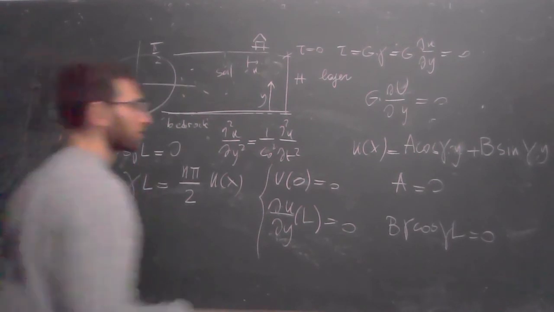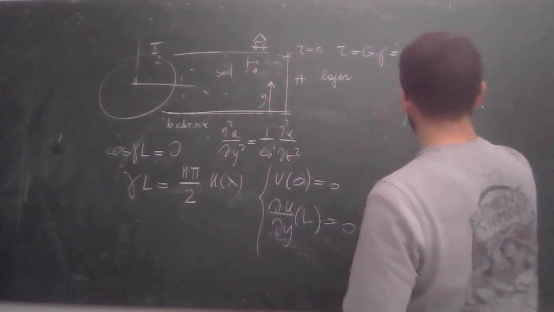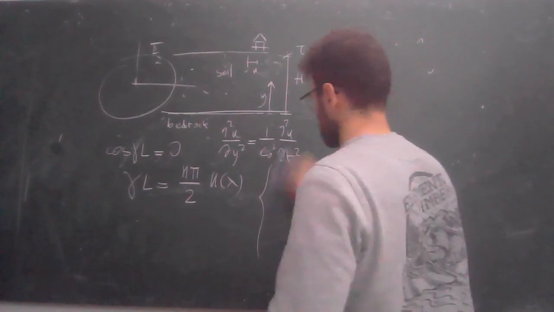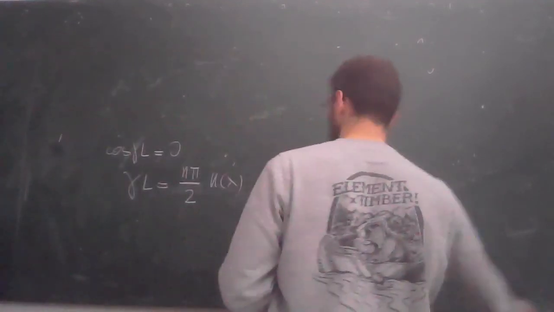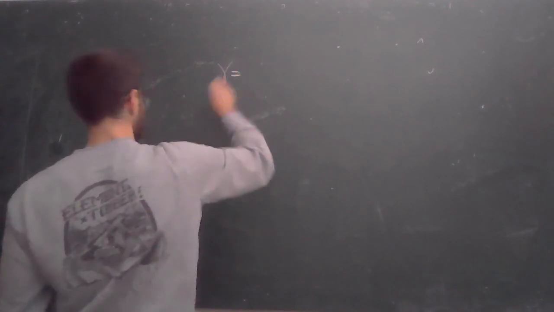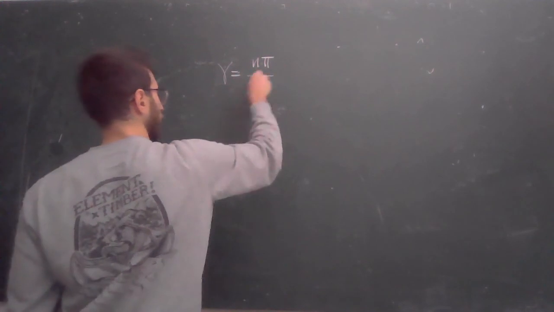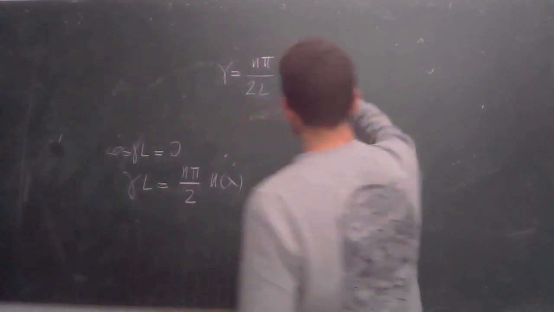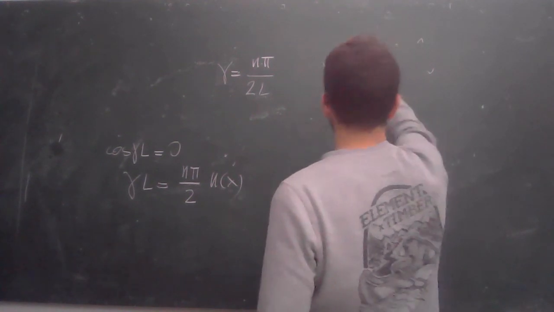So the solution is gamma equal to n pi divided by 2L, but gamma is omega divided by c.